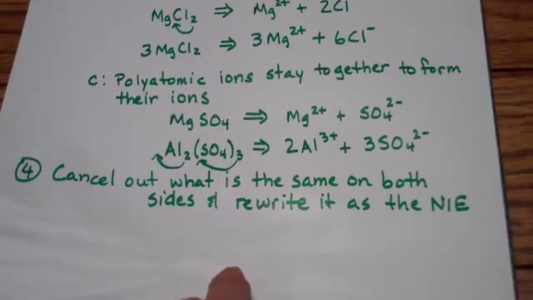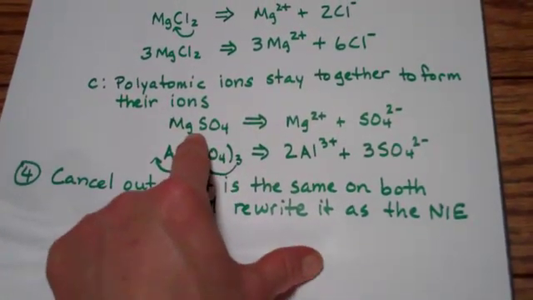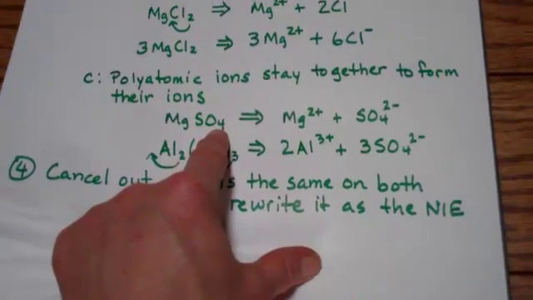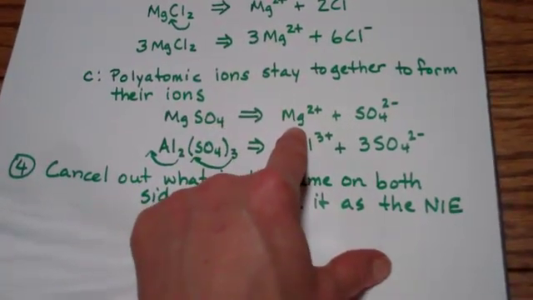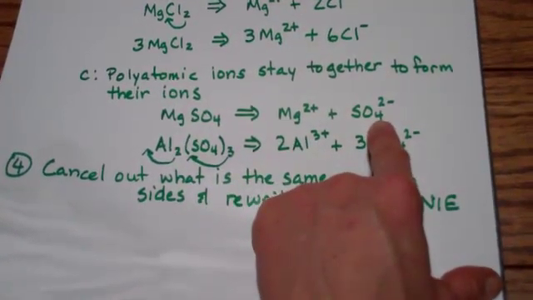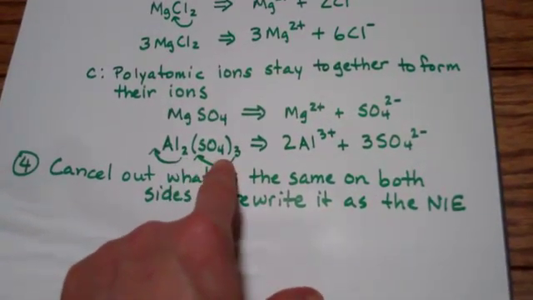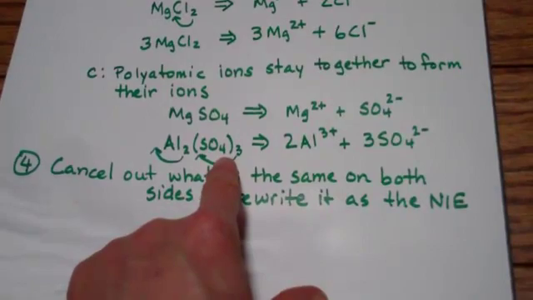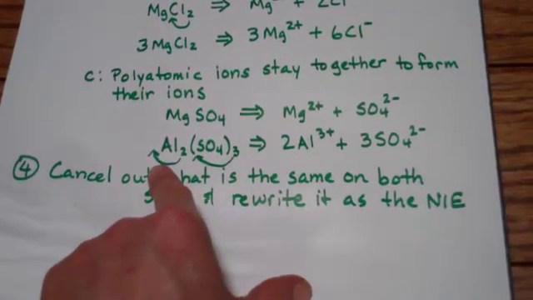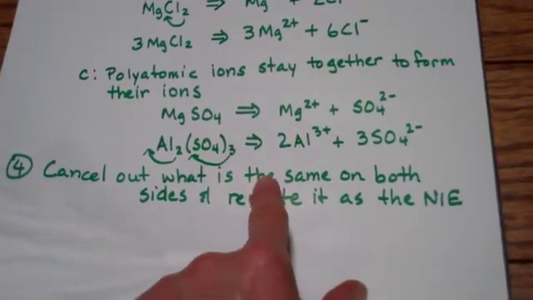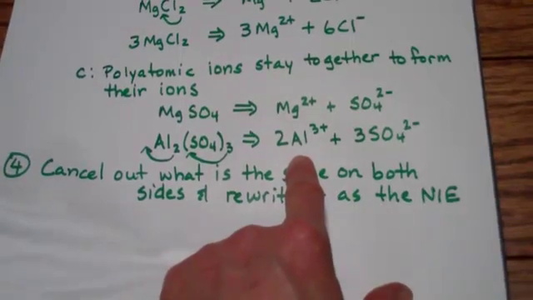Alright, so the third rule for breaking apart our ions is that the polyatomic ions stay together to form their ions. So if magnesium sulfate is an example, we would break apart the magnesium into its ion and the sulfate into its corresponding ion. If those ions have subscripts that are associated with them, they still have to be distributed as coefficients when you write them out in their ionic forms.